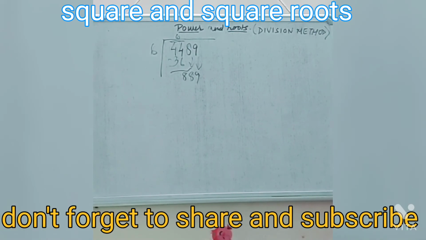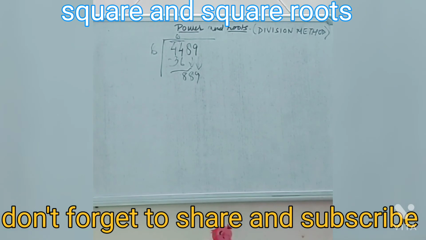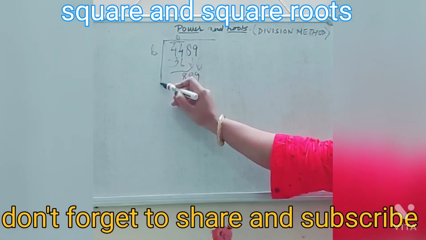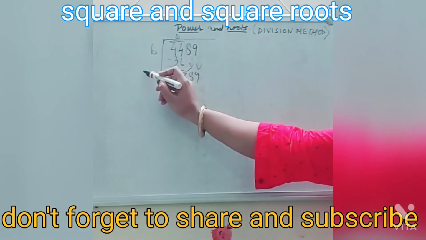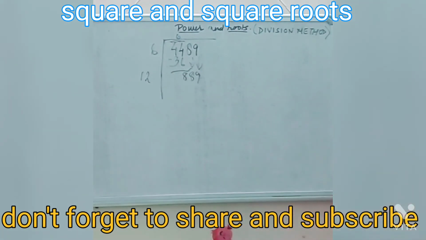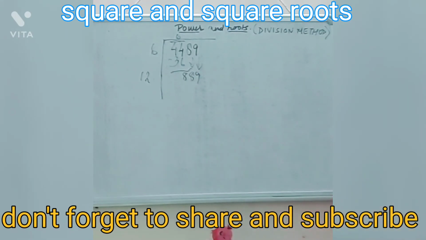Now you must be thinking, we'll take 6 again. No. We have to double the number here. The quotient will be doubled, that is 6 will become 12 here. Okay? And now we have to add a number to 12 and then multiply with that number only.